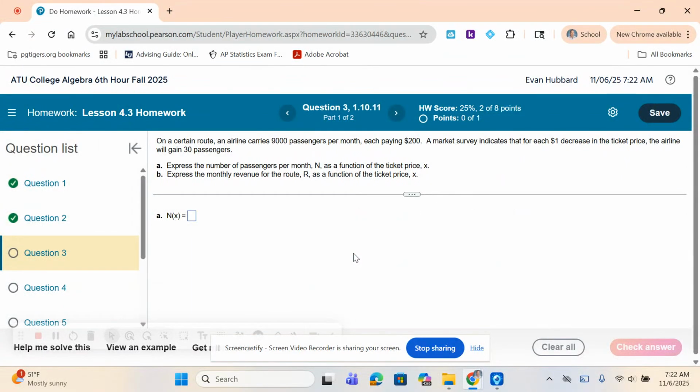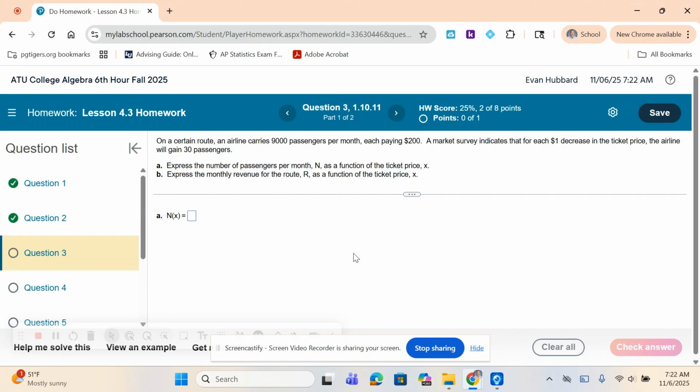All right, let's go to question 3. On a certain route, an airline carries 900 passengers, each paying $200. A market survey indicates that for every $1 decrease in ticket price, the airline will gain 30 passengers. Express the number of passengers per month as a function of the ticket price.